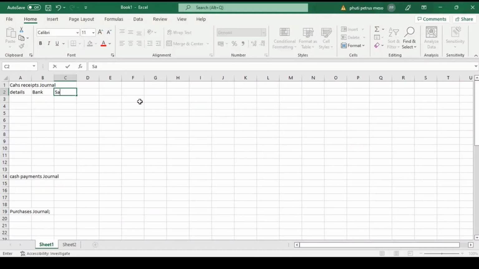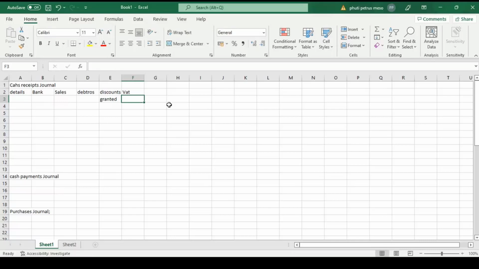You're going to have your sales, and you're going to have debtors, and you're going to have the discounts, VAT output. You're going to have the sundries.